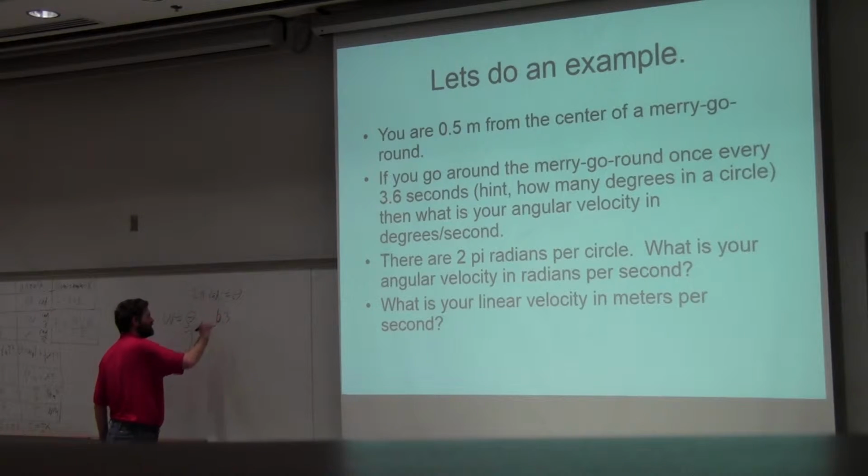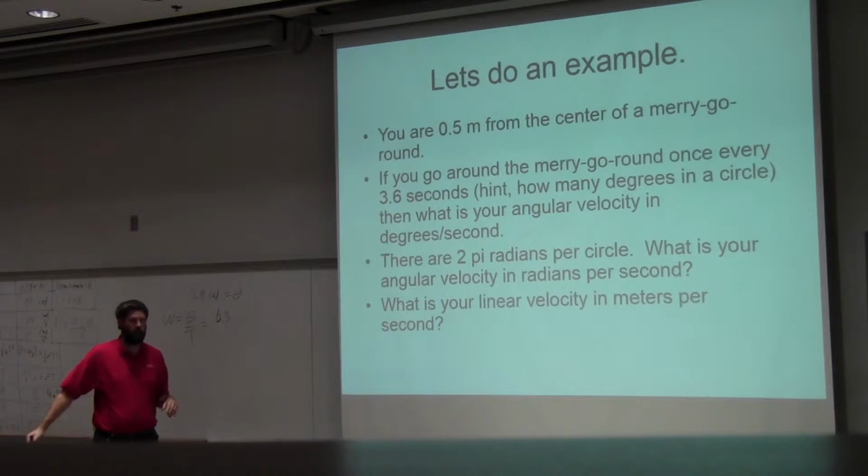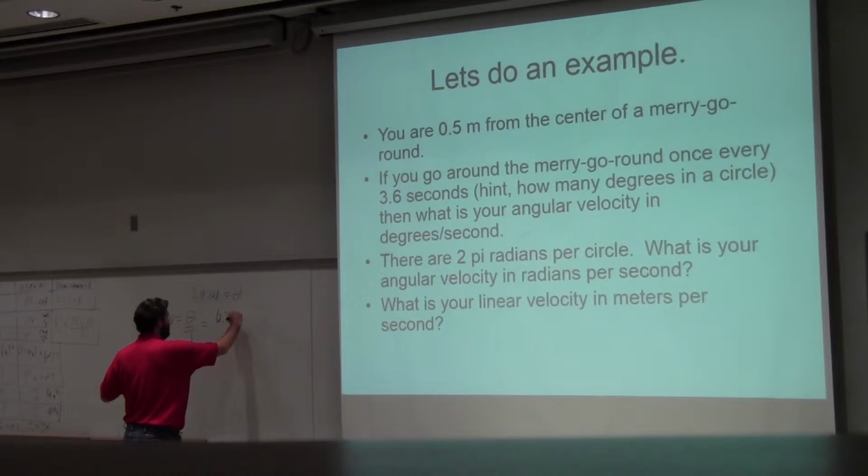By the way, don't leave things in terms of pi. Usually multiply it out. Pi is 3.14159. Go ahead. That's as far as I'm going. I'm not one of those people that know it out to 100 decimal places. So 6.3 radians divided by 3.6 seconds.